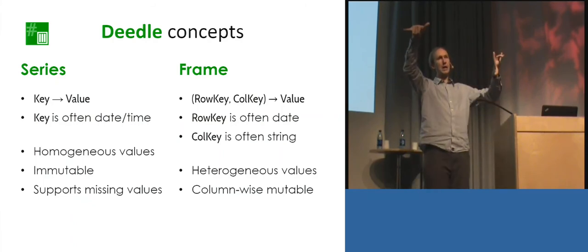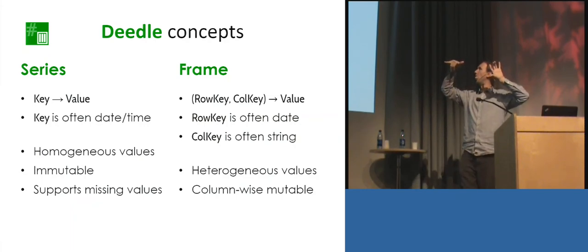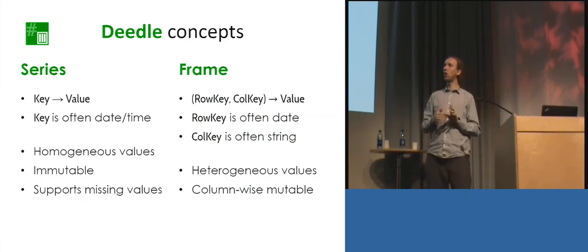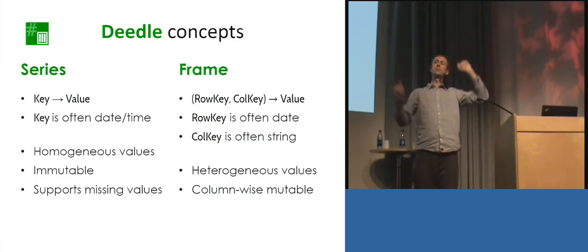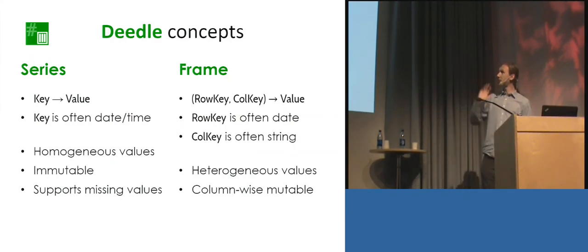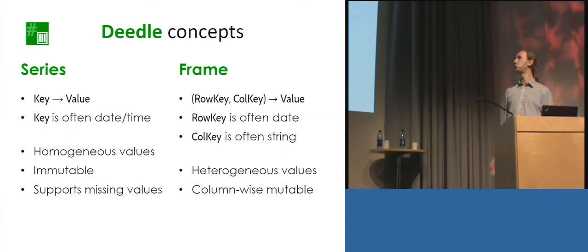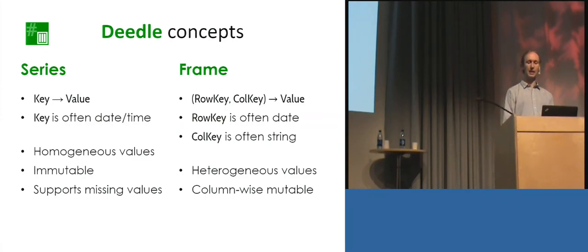Frame is basically a two-dimensional table where we have some row key and column key, and again the rows are often dates, but the columns can be of different types. So in F# we are representing this as a heterogeneous frame, so it's not fully statically checked in a sense, because the columns can have different types and you can also mutate columns.